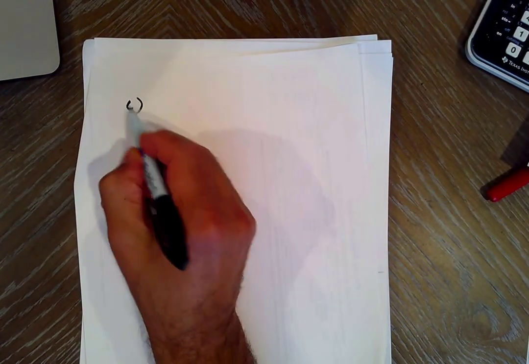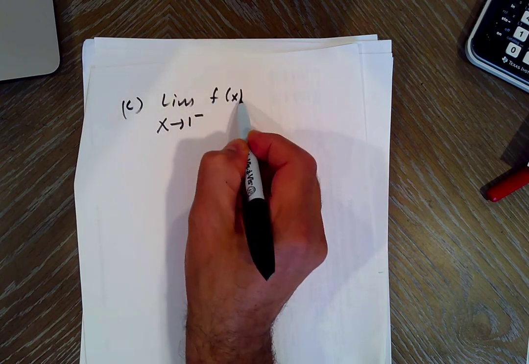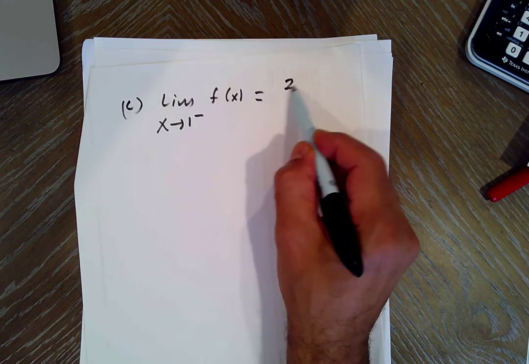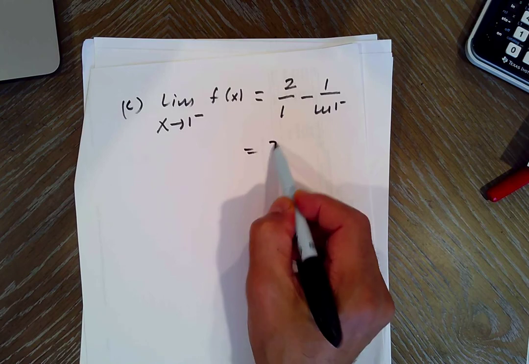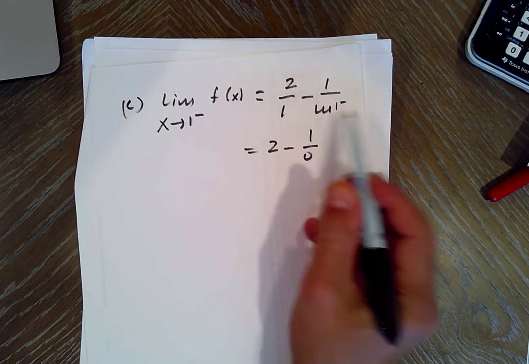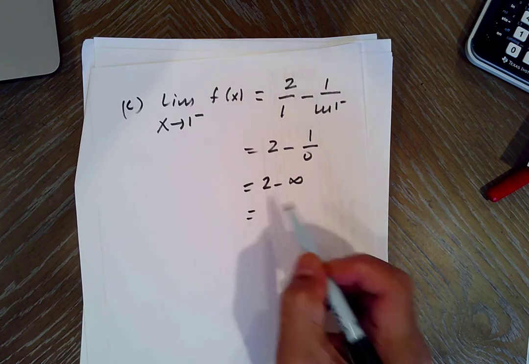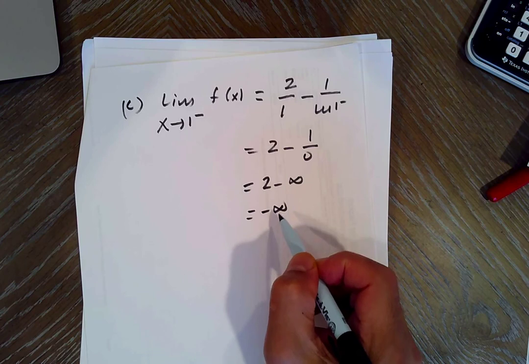And part C, limit as x goes to 1 from the left of f of x. So 2 over 1 minus 1 over ln of 1. 2 minus 1 over 0, ln of 1 is 0. 2 minus infinity, which is negative infinity.